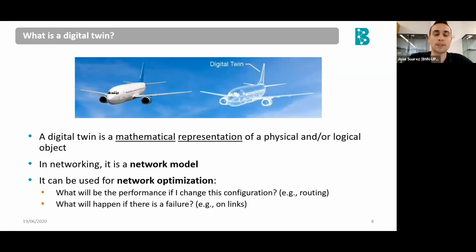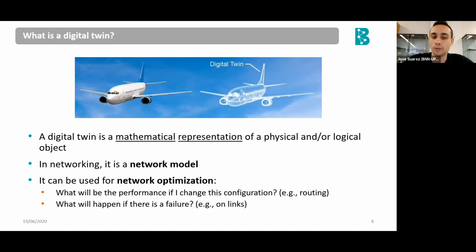So this would be a mathematical model that is able to predict, under different situations, what would be the resulting situation. For example, if we apply some wind over the plane. If we translate it to the networking field, this is a network model.